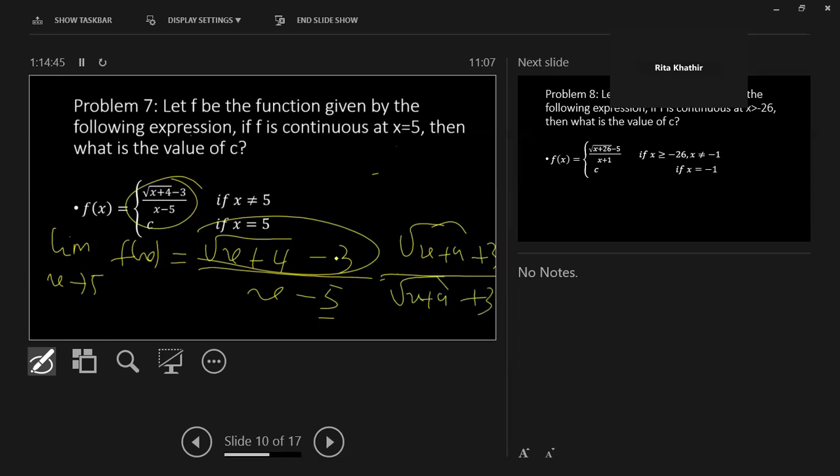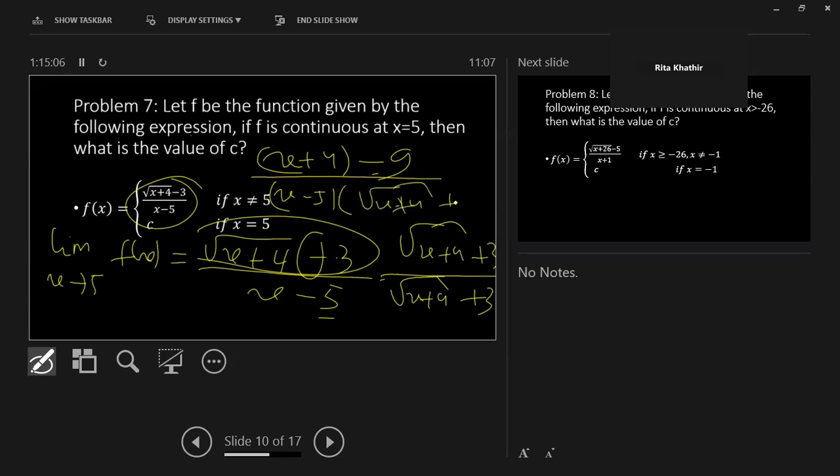The opposite of this. Now you will have x plus 4 minus 9, multiplied by x minus 5 multiplied by the square root of x plus 4 plus 3.